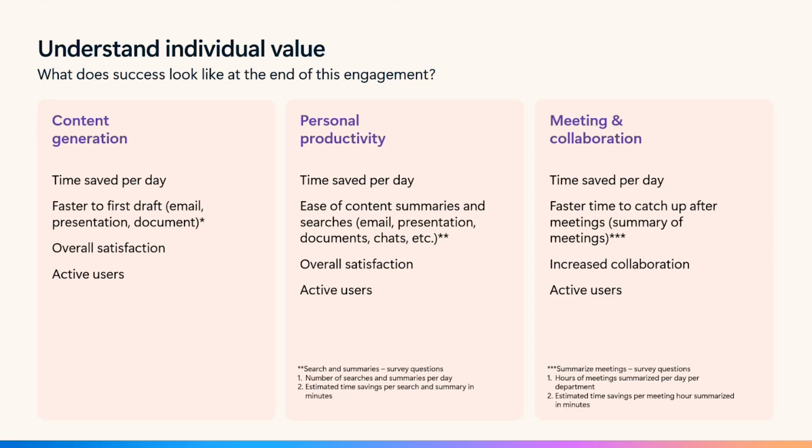As you see, the content generation: time saved per day, faster first drafts of emails, presentations, and documents, overall satisfaction, active users. The second column is more for personal productivity. Always we are talking about the time saved per day, and ease of content summarizing and searches.